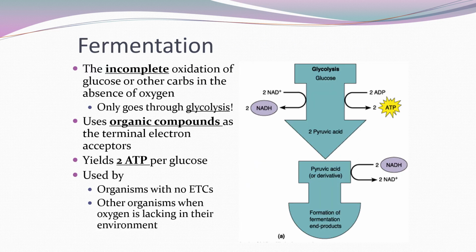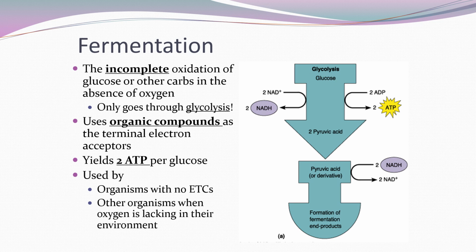All right, so that was all of respiration. Let's talk about fermentation. Fermentation is only going to use one of the steps that we talked about with respiration, and that is glycolysis. Remember that in glycolysis, we produce 2 ATP and some electron carriers.